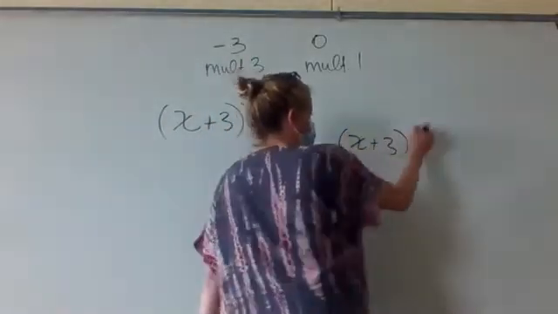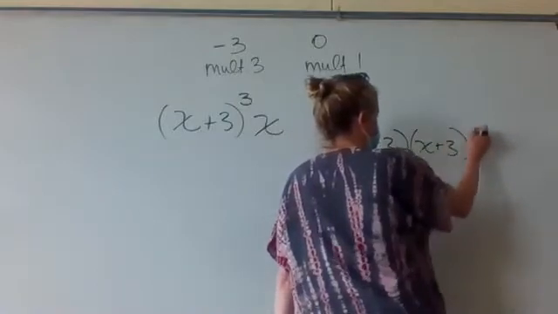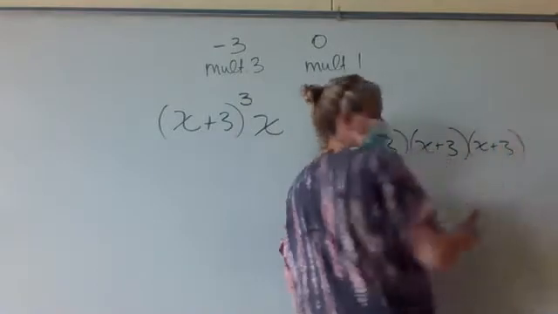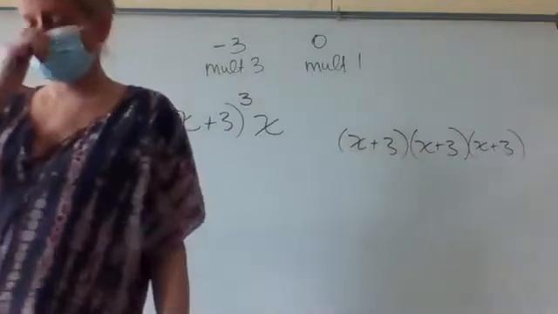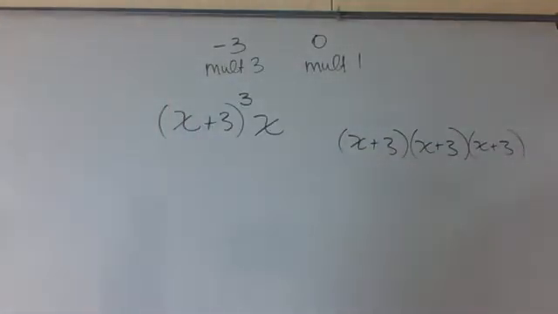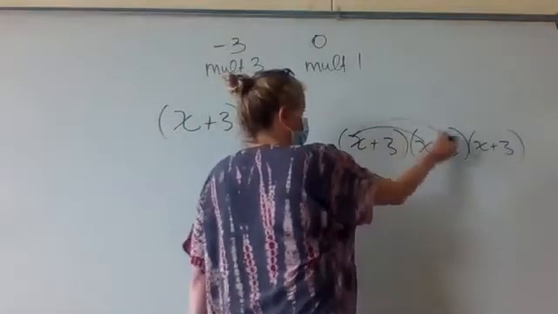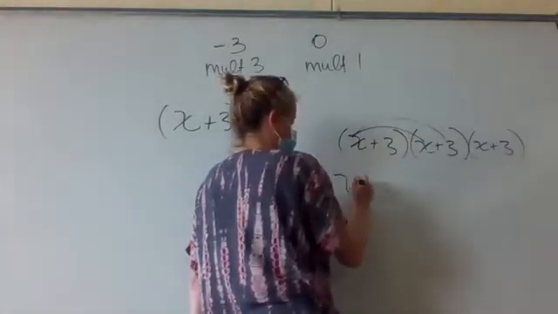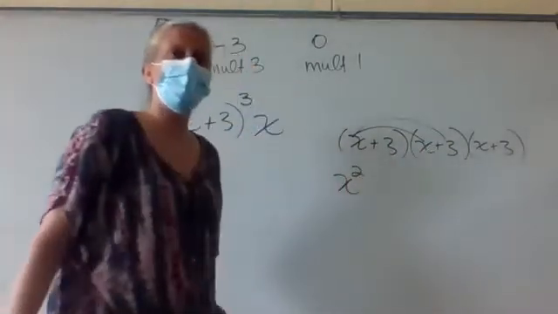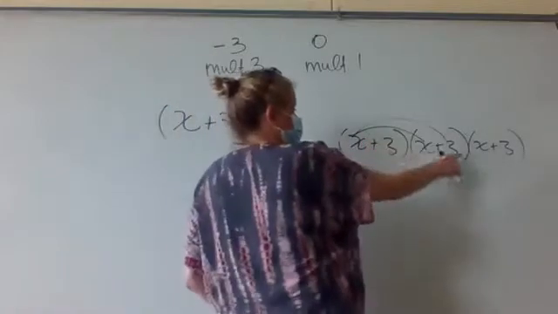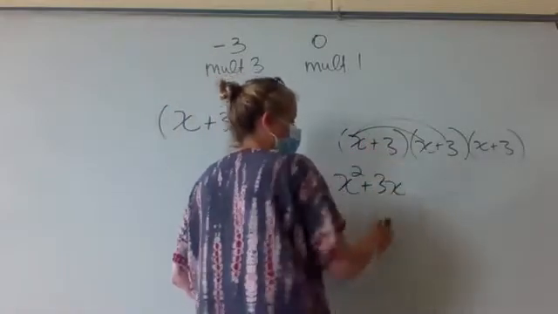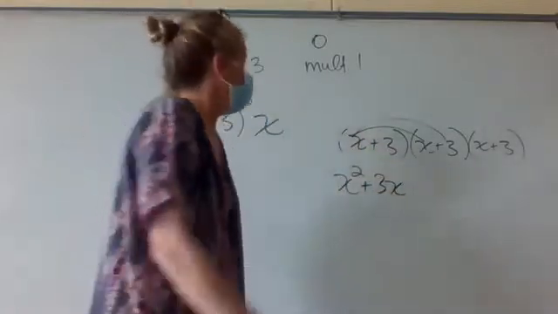I'm going to do it over here. X plus 3 times itself 3 times. So I'm going to FOIL here. X times x is x squared. X times positive 3 is positive 3x.